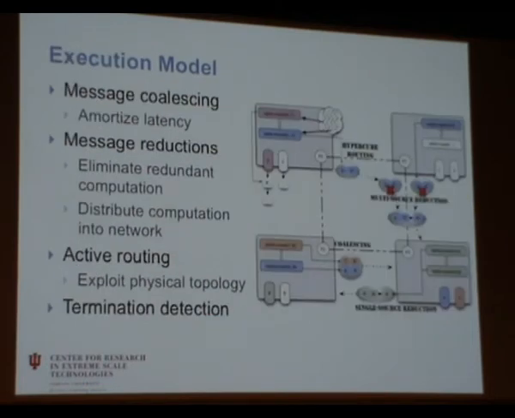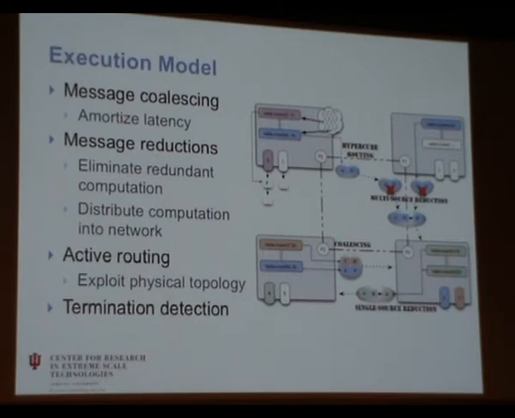Now, the execution model that makes this efficient uses four main techniques. The first one, which is fairly standard, is message coalescing. And the goal of that is to amortize things like network packet overheads. Of course, that hurts latency, and it also takes up memory. Another thing that we're able to do is message reductions to eliminate redundant computation and communication.